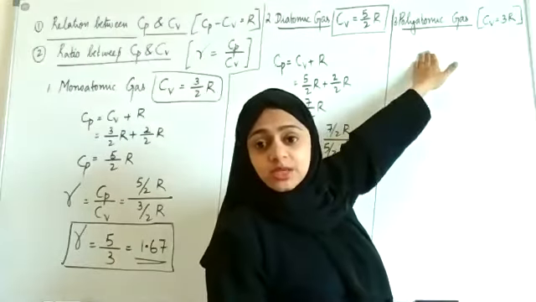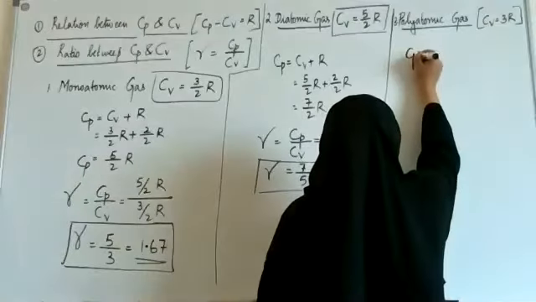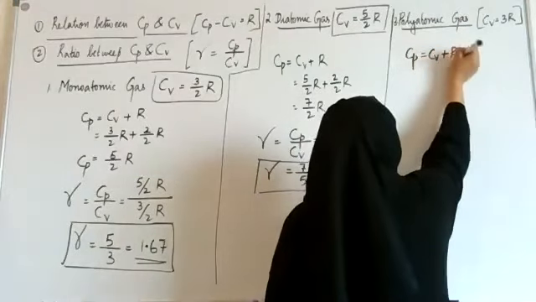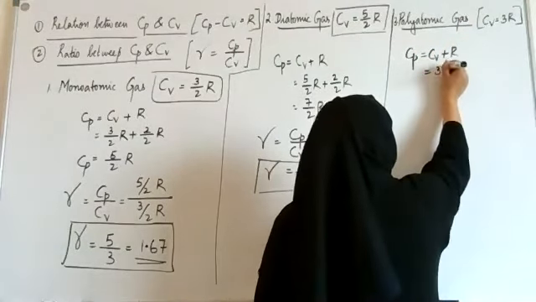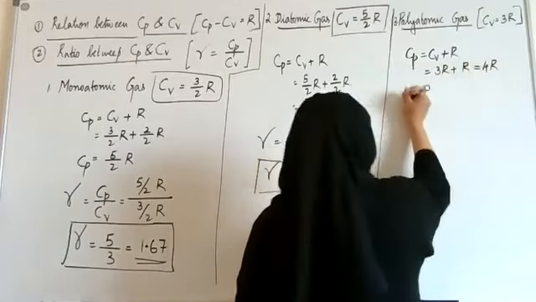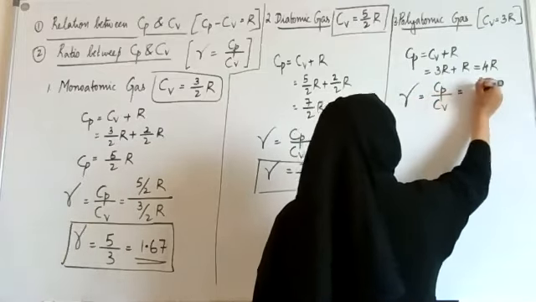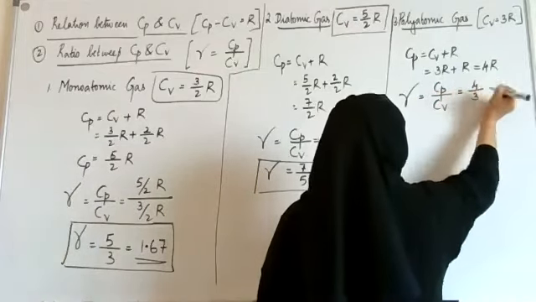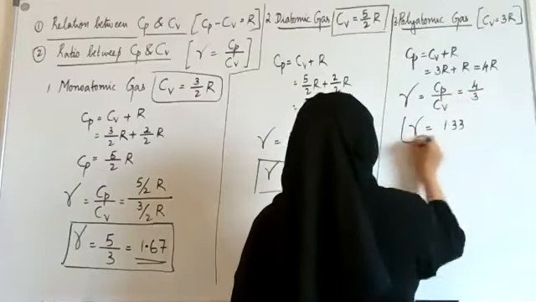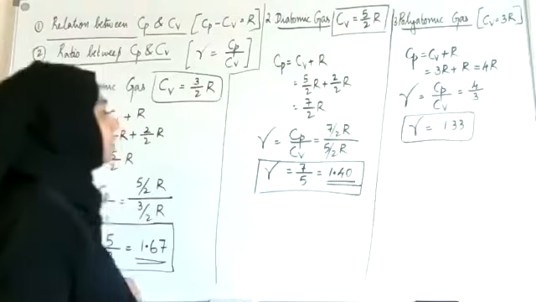Now for polyatomic gas, CV is equal to 3R. So what will be CP? CV plus R, right? So that is equal to 3R plus R, which is equal to 4R. So what is gamma? Gamma is equal to Cp by Cv, which is equal to 4 by 3, and its value is 1.33. It will go on like that, 1.333.